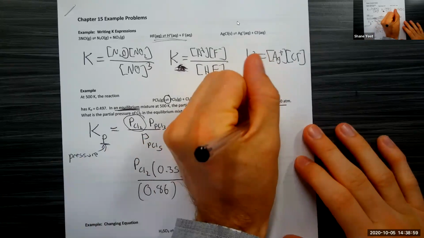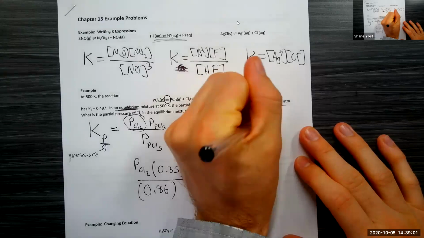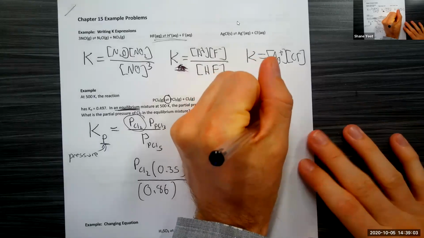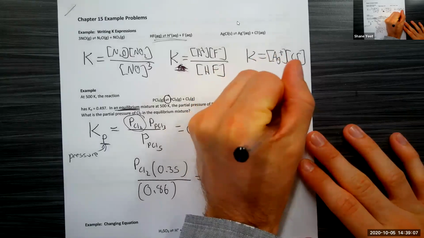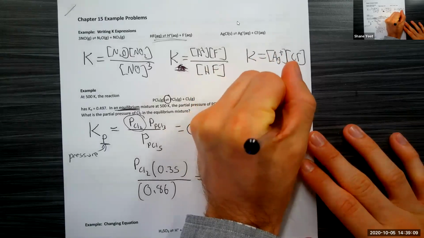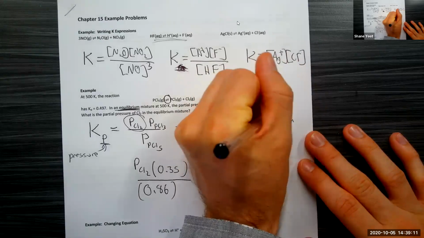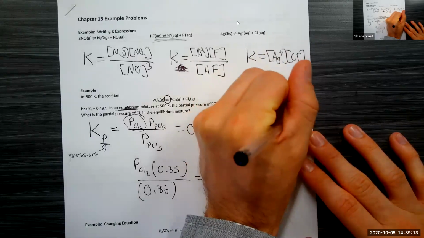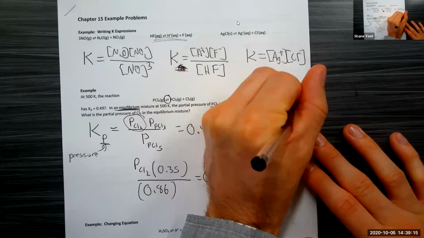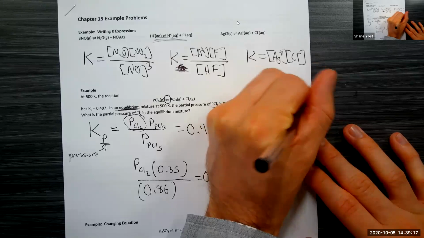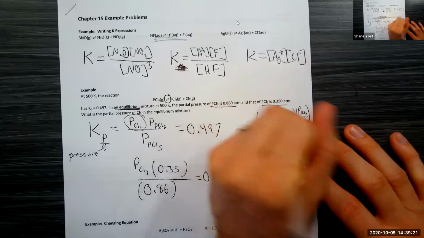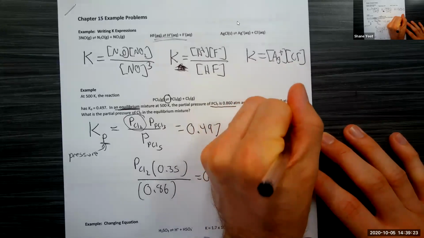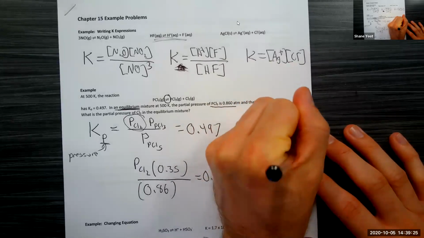How one would write this out if you're being very particular is you'd say this is the pressure of Cl2 divided by 1 atmosphere, and then the pressure of PCl3 divided by 1 atmosphere, and the pressure of PCl5 divided by 1 atmosphere.